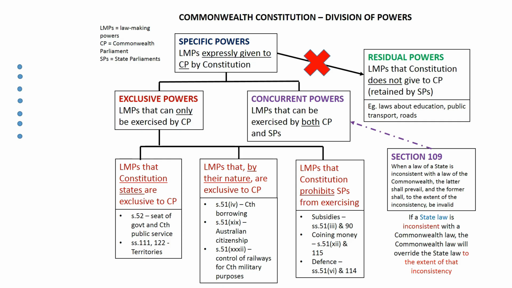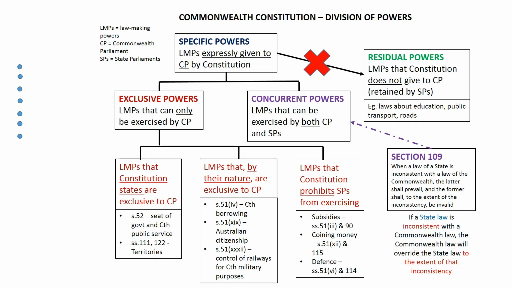In other words, he was saying that the bit of the State Act which said that IVF services could not be provided to single women was inconsistent with the Commonwealth Act, and that therefore the State Act should be invalid to the extent of that inconsistency. And the Federal Court agreed with him.